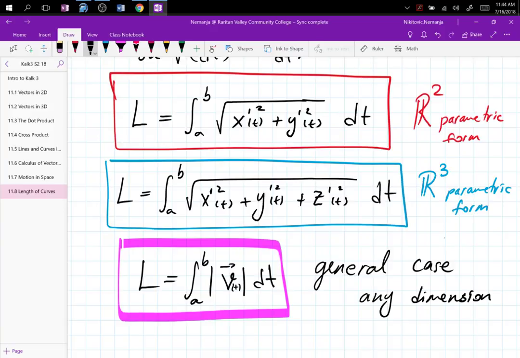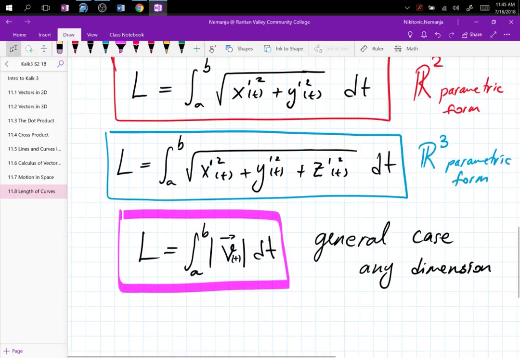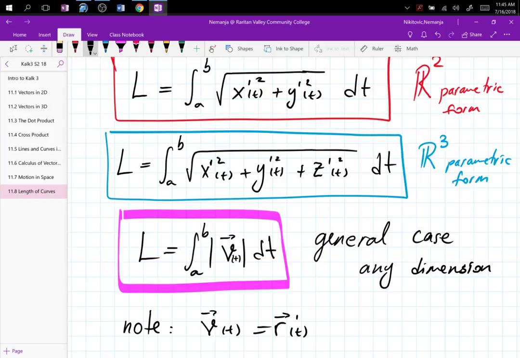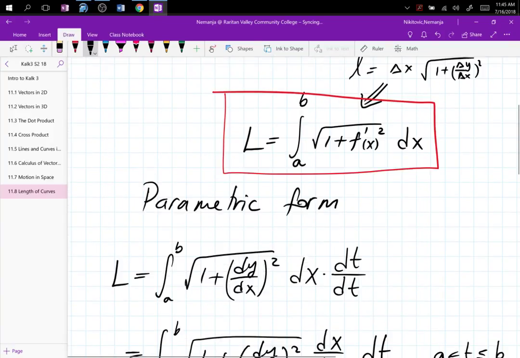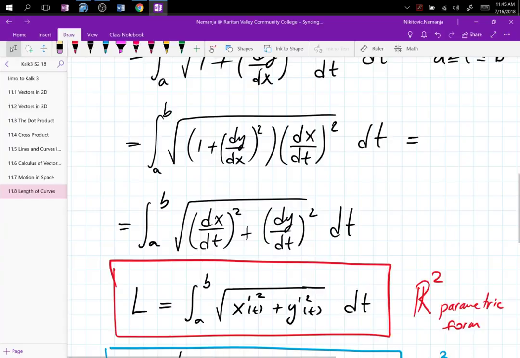So now, when you are given, I'll just put here a note that your velocity vector is given as r prime of t. So the honors option, this could be your question to derive the parametric form on the exam.